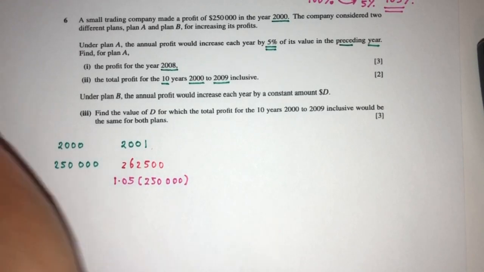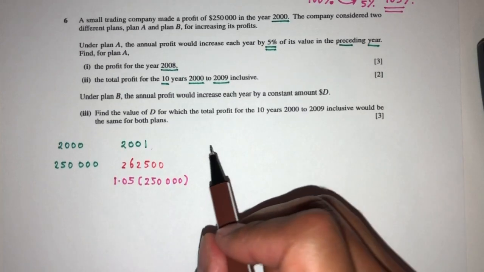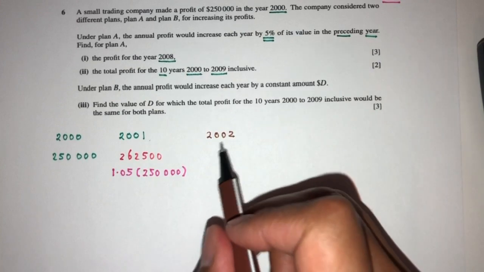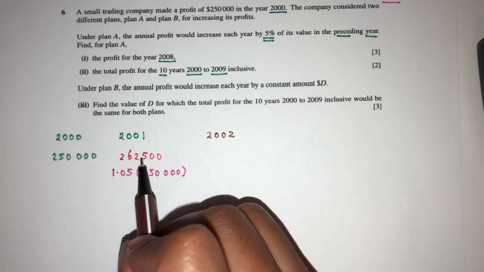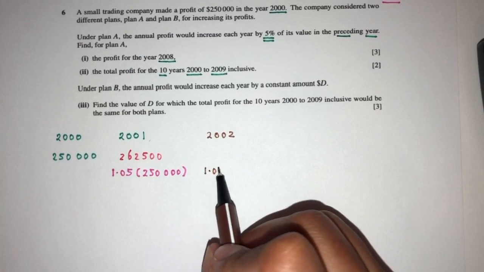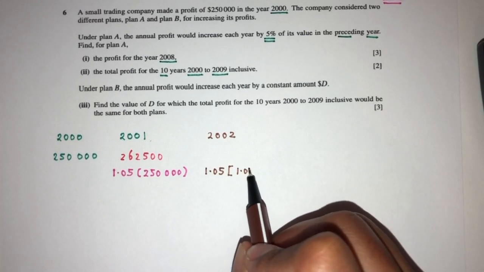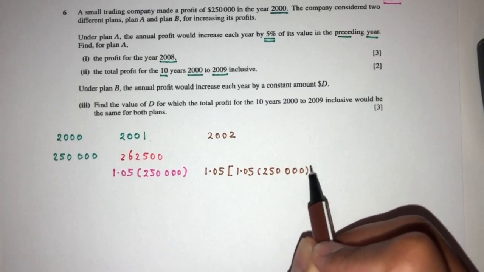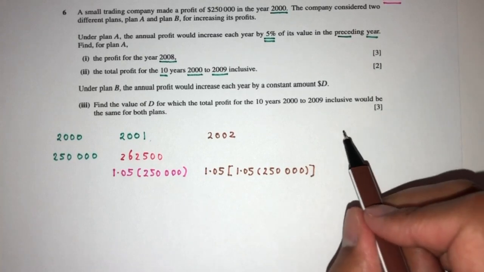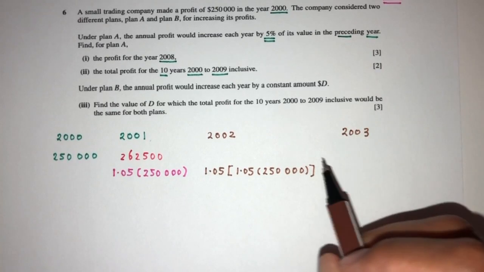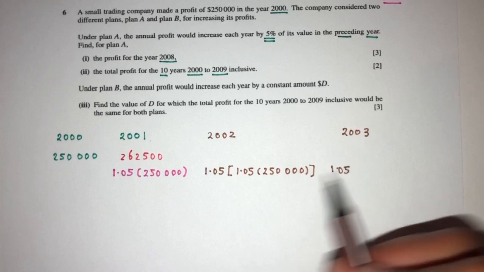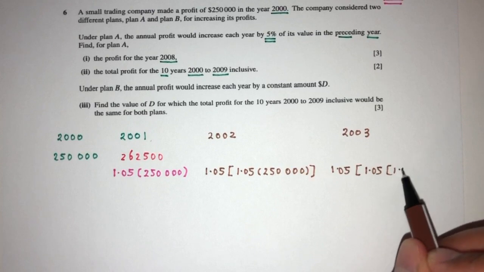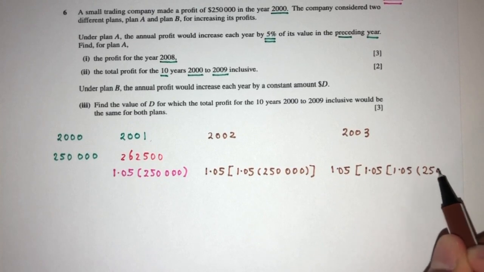Now, if you want to find the profit in 2002, you multiply the previous amount by 1.05, so it is 1.05 multiplied by 1.05 times 250,000. In 2003, we multiply by 1.05 again.